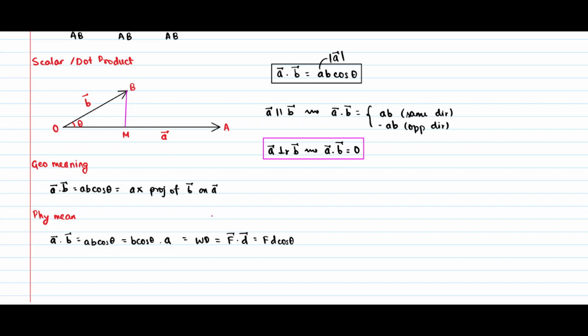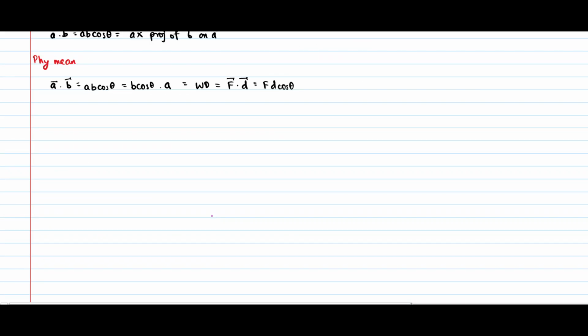So now let's move on to calculation of the dot product if we have the components. If you have to do it component-wise and we don't have the magnitude of A or B, let's say A vector is a1 i cap plus a2 j cap plus a3 k cap, and you can extend this to any dimensions you want, and B will be b1 i cap plus b2 j cap plus b3 k cap. So what would you do?